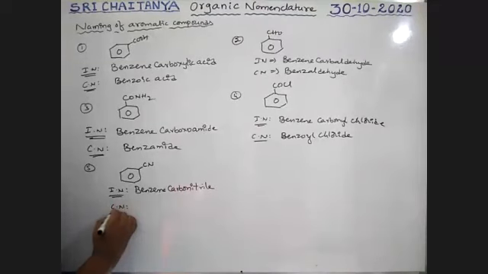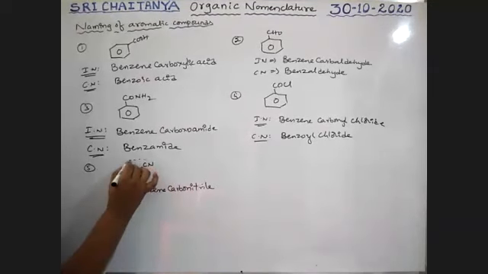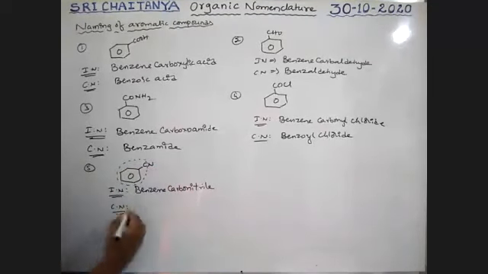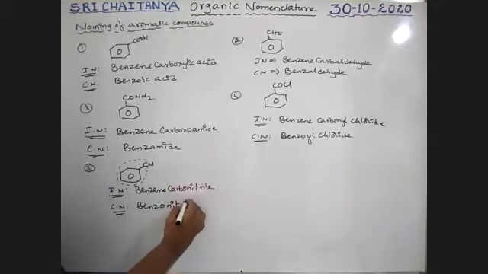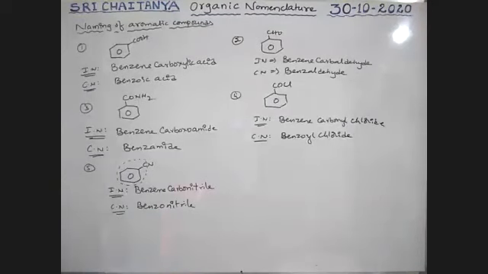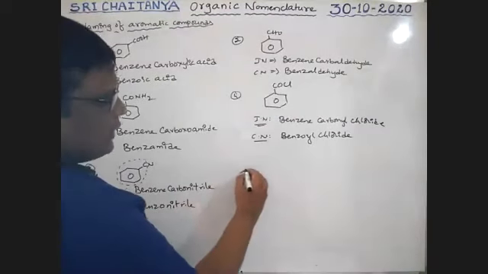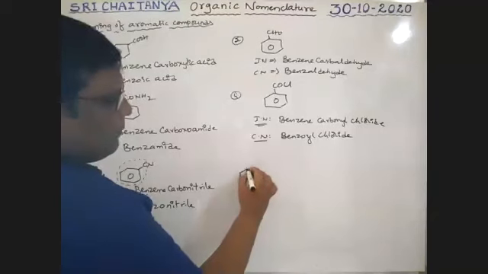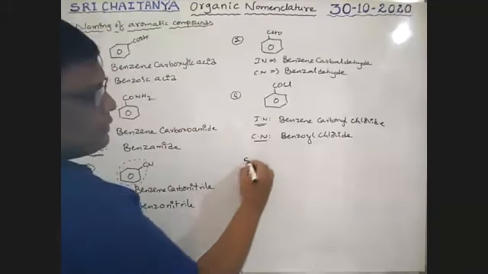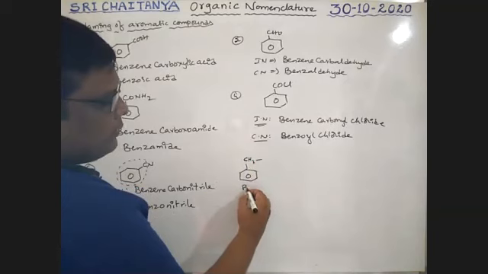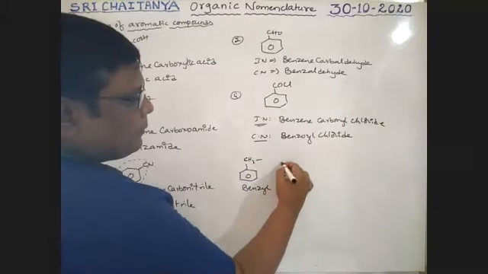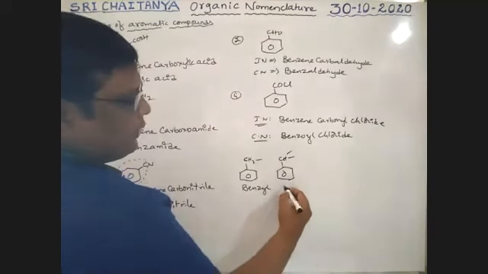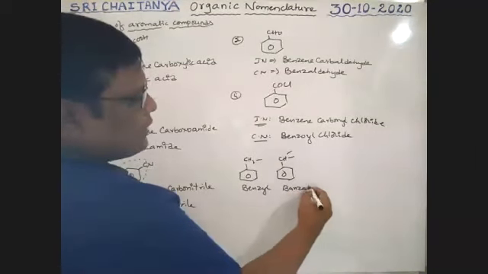Common name is benzonitrile. See, boys, this CH2 is the benzyl group. C6H5CH2 is benzyl.